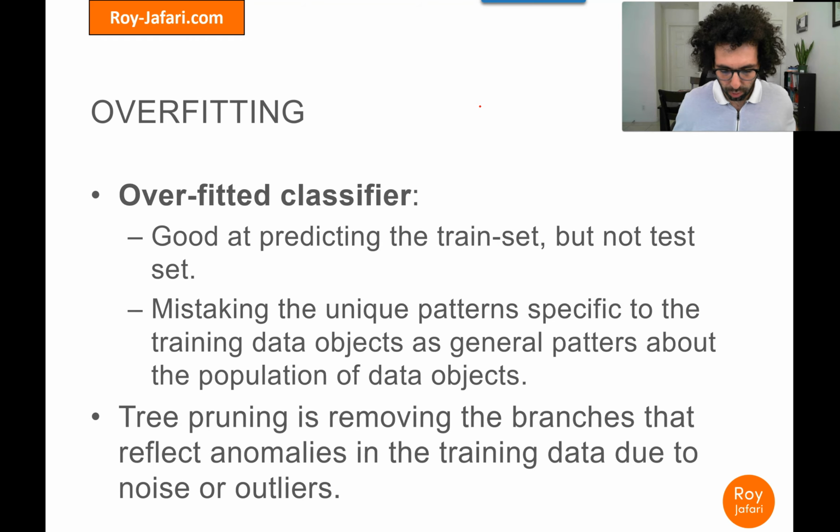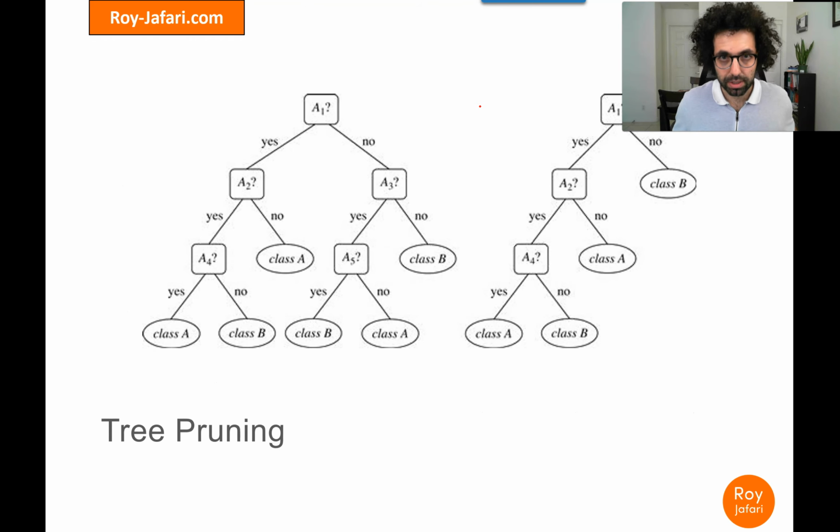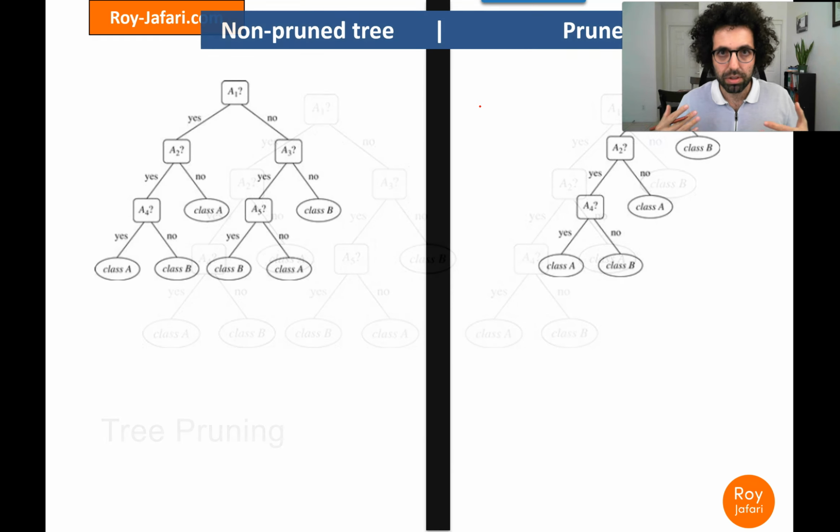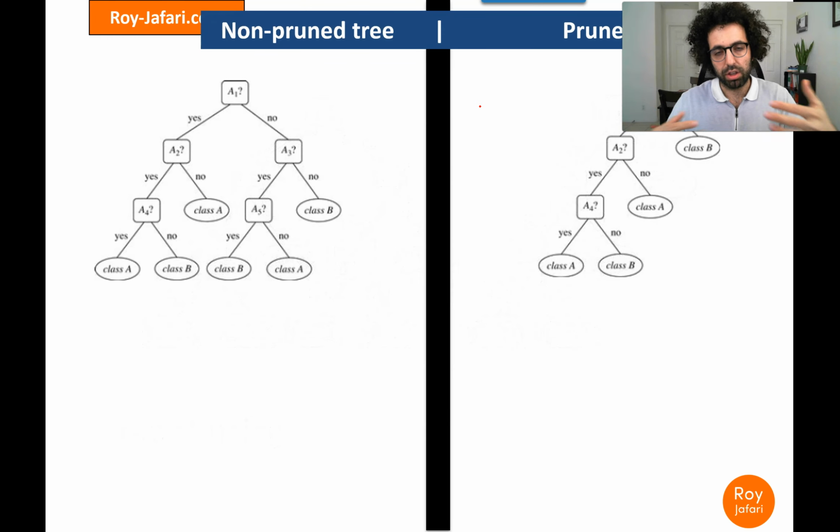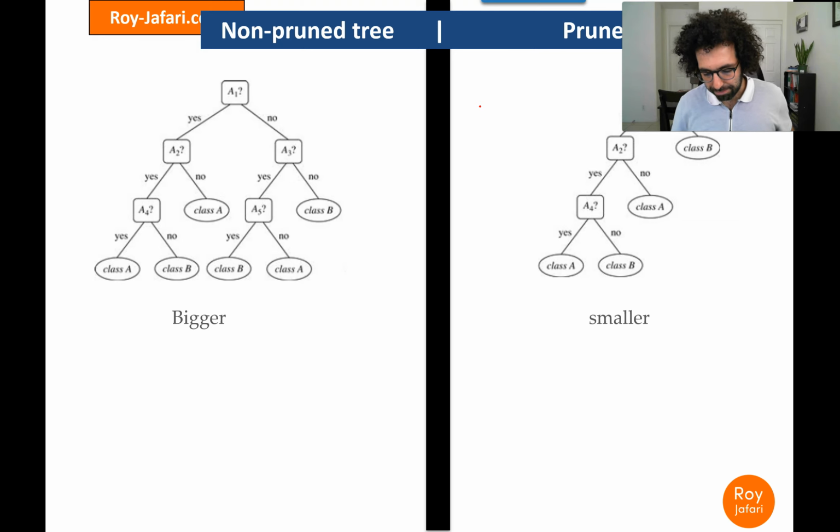The mechanism, as we discussed, for the decision tree to combat overfitting is known as pruning, or tree pruning. Let's compare a pruned decision tree and a non-pruned decision tree. The non-pruned decision tree is the fully grown decision tree on the left, and it's normally larger because it has more branches and more depth, and the pruned tree is smaller.